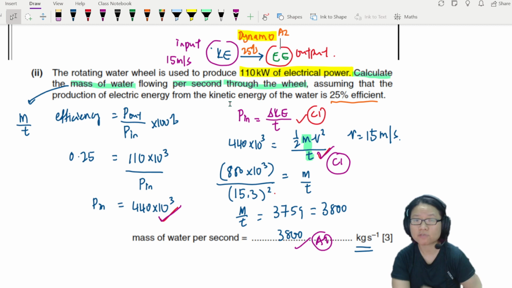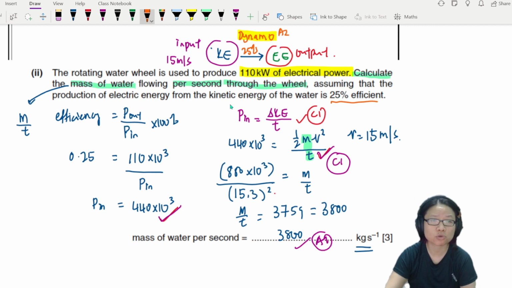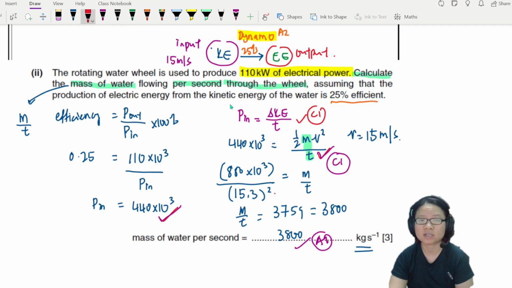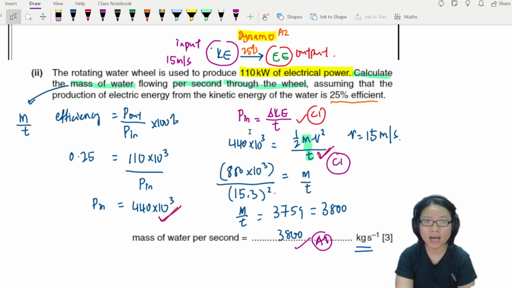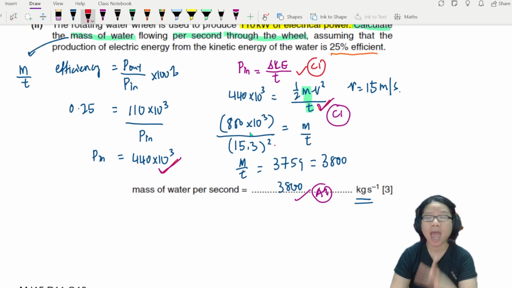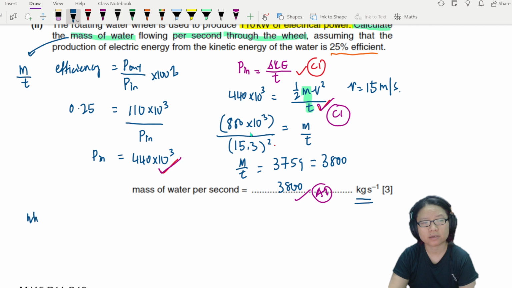Okay. One last footnote that I want to mention is sometimes students ask me, teacher, why must I use change in KE over time? Why can't I use P is FV? So I'll write here: why cannot input power be equal to FV?